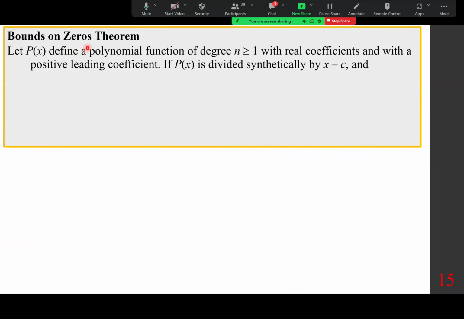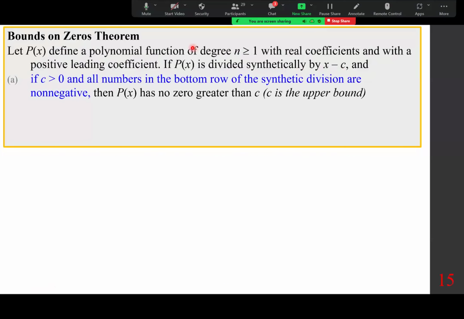Bounds on zeros theorem. Let P of x define a polynomial function of degree n larger than or equal to 1 with real coefficients and with a positive leading coefficient. If P of x is divided synthetically by x minus c, and if c is larger than 0 and all numbers in the bottom row of the synthetic division are non-negative, then P of x has no 0 greater than c.